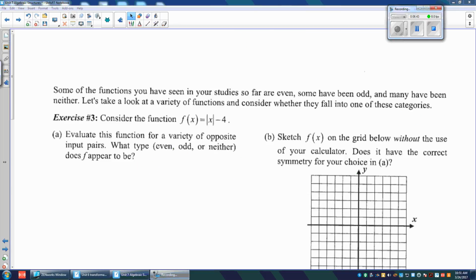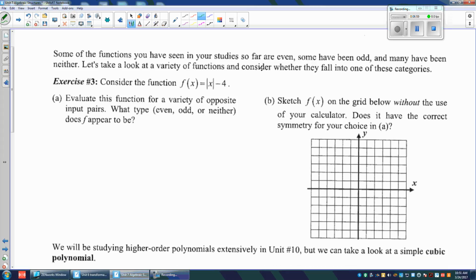Okay, while this question for exercise number 3 is good, I'm going to change it a little bit, and instead of plugging in some numbers, we're going to try to plug in some variables. So remember, for an even function, for question number A, is it even or odd?